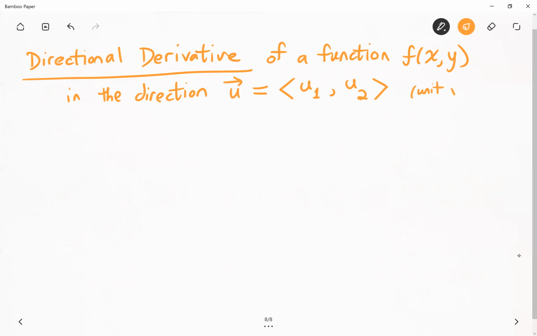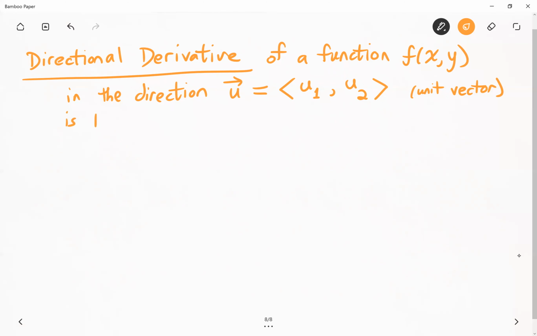Again, by u, I'm going to mean a unit vector. Informally, let's think of this as the rate of change, well, I guess formally too, I'll write down the definition, but this is the rate of change in the function along this direction.